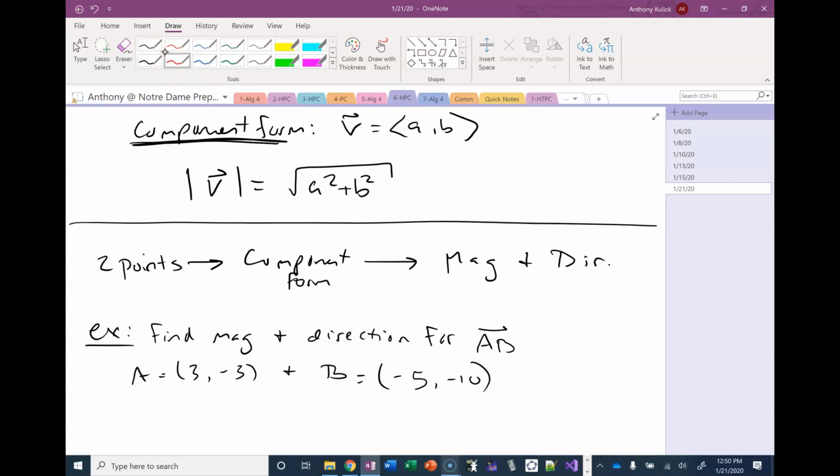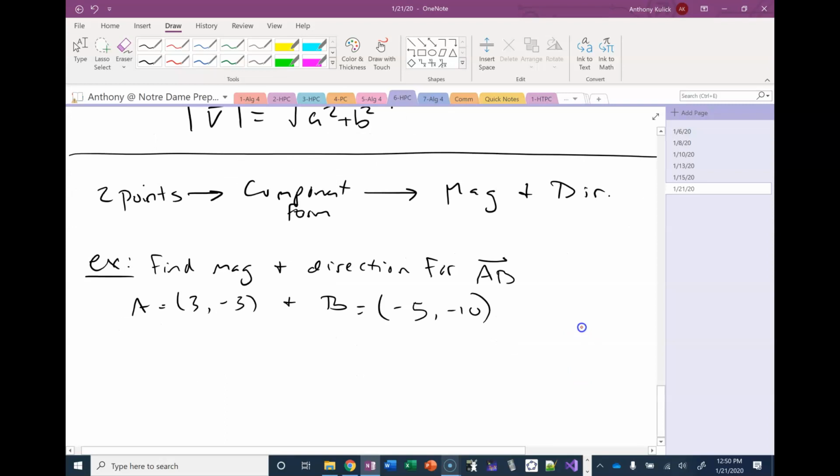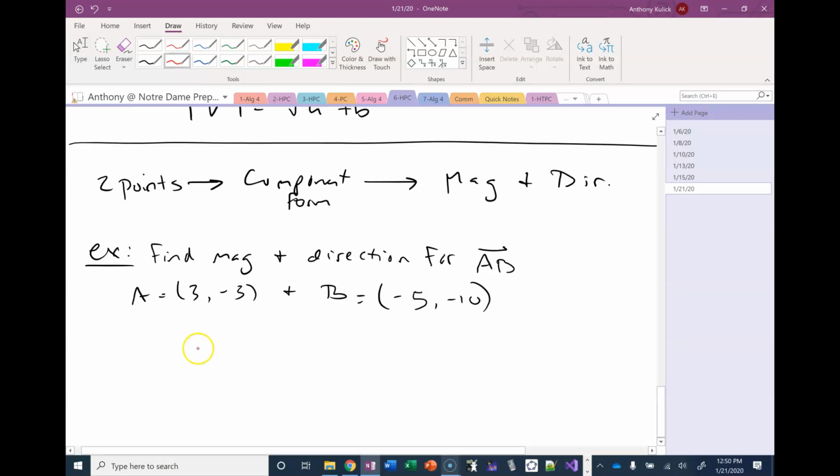So here we're asking to convert from two-point form to component form to magnitude and direction. So I'll first convert to component form. So it's going to be x2 minus x1, y2 minus y1.